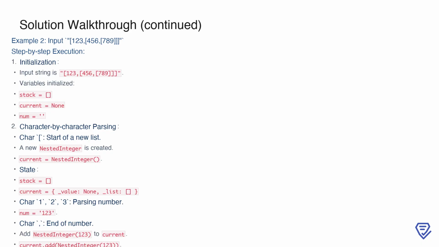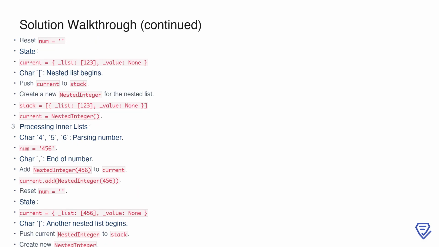At this stage, the current object is in the state _value: none, _list: []. Next, we see the characters 1, 2, and 3, which form the number 123. When we encounter the comma, it marks the end of this number. We then create a nested integer object for the number 123, add it to the current list, and reset number to an empty string. After resetting number, the state of current becomes _list: [123], _value: none.